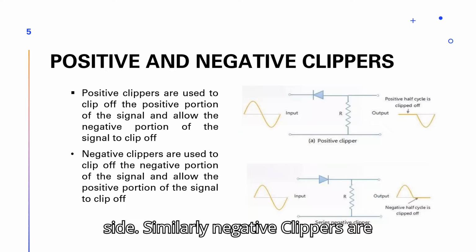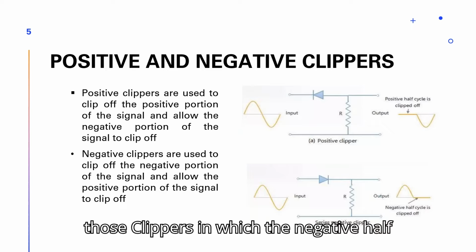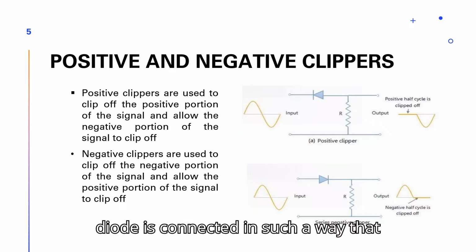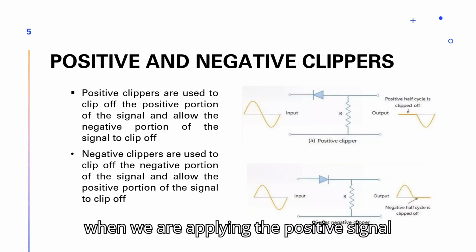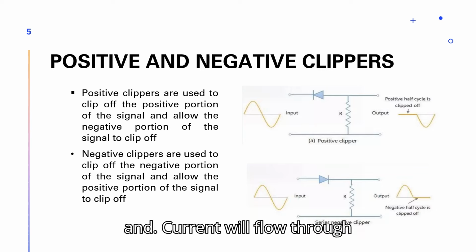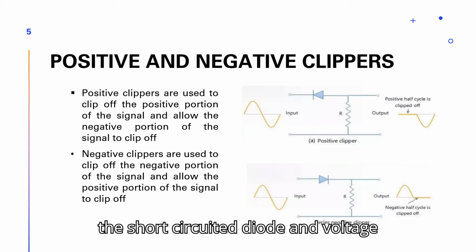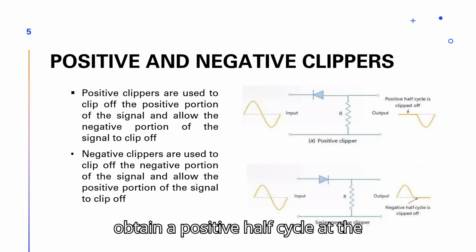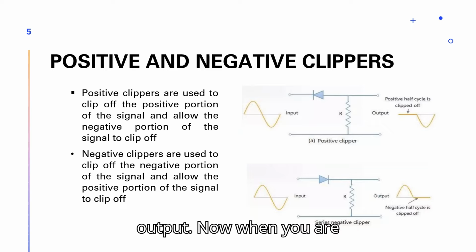Similarly, negative clippers are those clippers in which the negative half cycle is clipped off. In that case, the diode is connected in such a way that when we apply the positive signal, this diode behaves as a short circuit and current will flow through the short circuited diode and voltage will drop across resistor R and you will obtain a positive half cycle at the output.